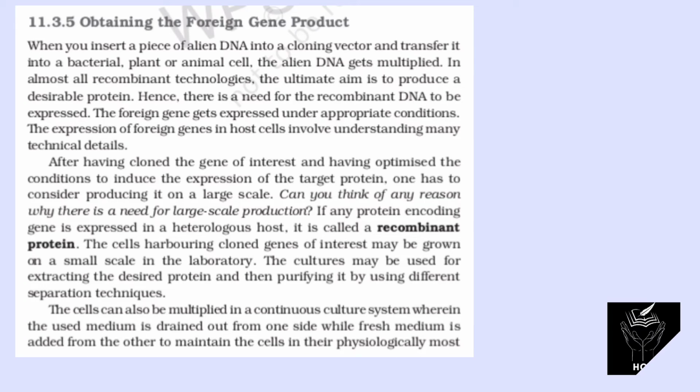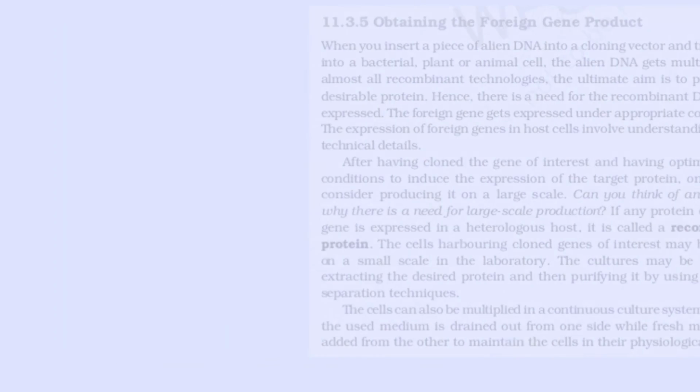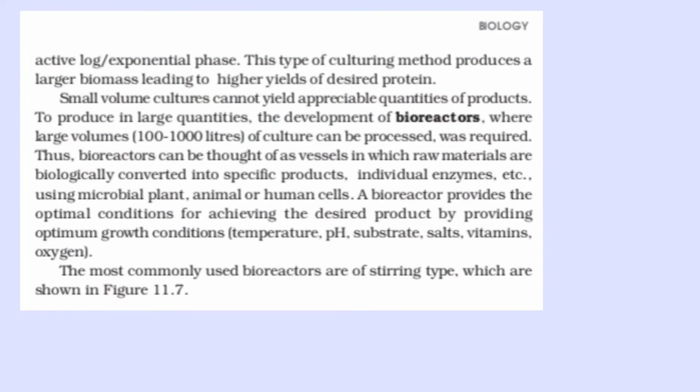The cells can also be multiplied in a continuous culture system, wherein the used medium is drained out from one side while fresh medium is added from the other to maintain the cells in their physiologically most active log or exponential phase. This type of culturing method produces a larger biomass leading to higher yields of the desired protein. Small volume cultures cannot yield appreciable quantities of products.